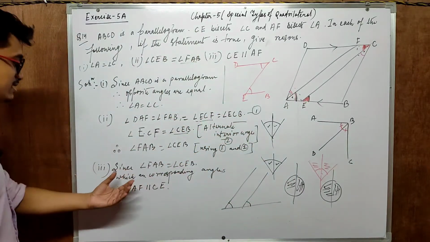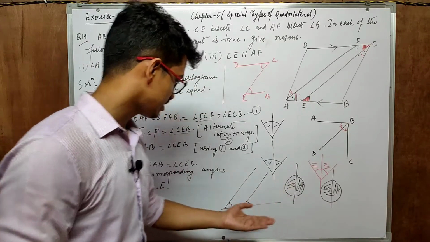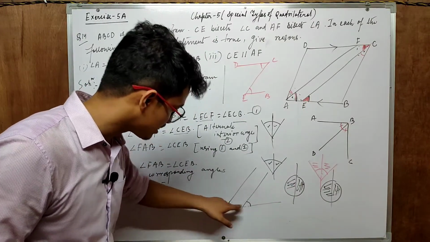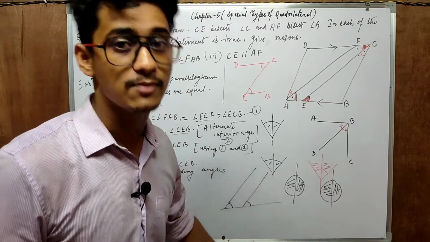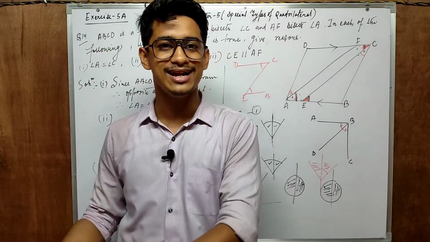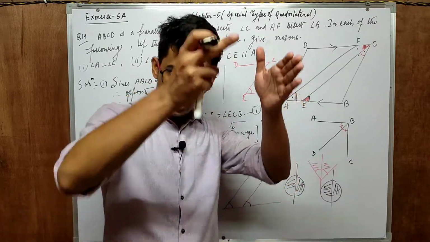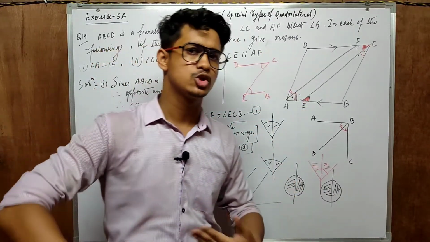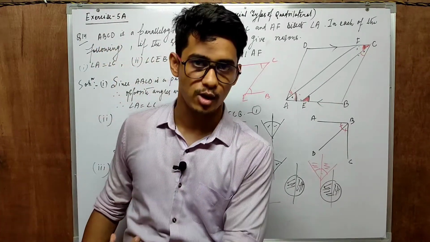After that, since FAB equal to CEB, these two angles are equal, which is exactly same like corresponding angles, and because of corresponding angles, we know that the lines are parallel. That is the vice versa condition, right? First, we can create parallel lines, and we just showed that these two angles are equal because of corresponding angle.